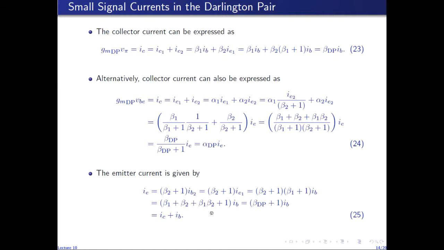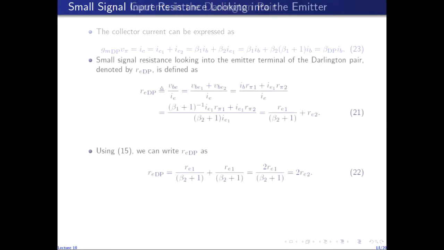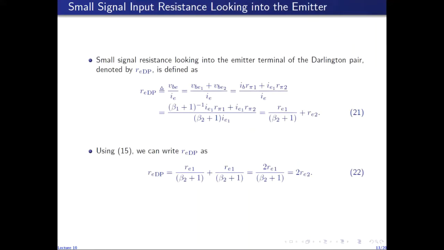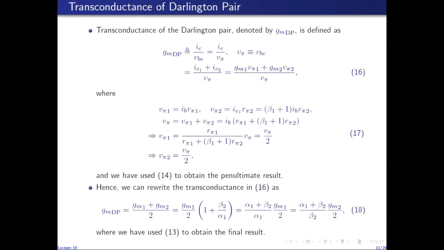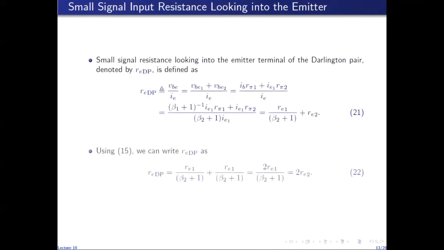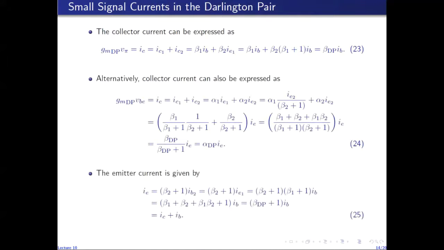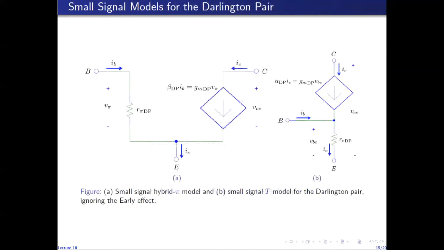So using these relations and the models, the small signal parameters we just derived, this R pi and GM, we can express the small signal AC equivalent circuit through these small signal models for the Darlington pair.